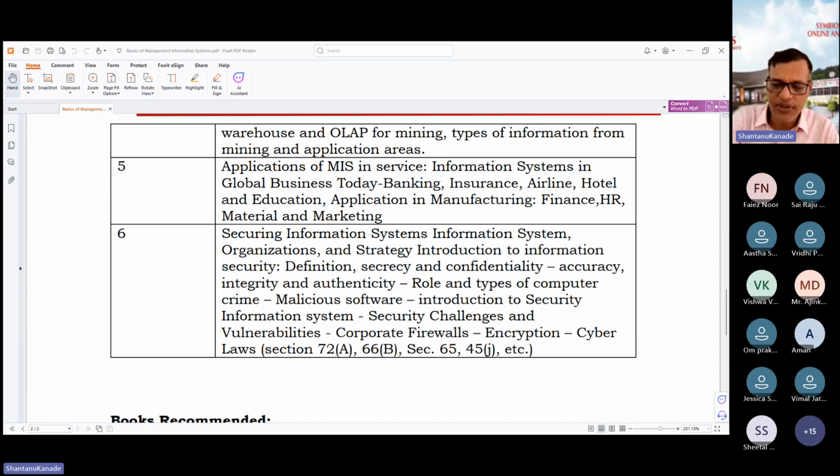Before starting, I would like to know what you people understand about information system. Can anybody tell what you understand by information system? Or can you give any example of information system? Yes, can anybody tell me what you understand by information system?